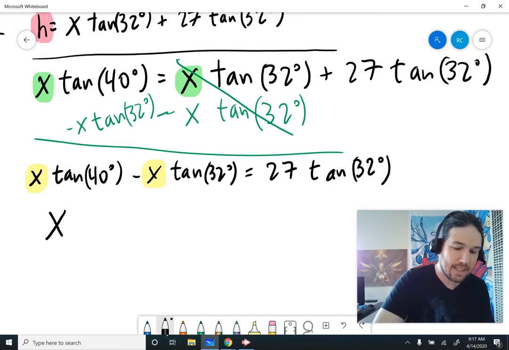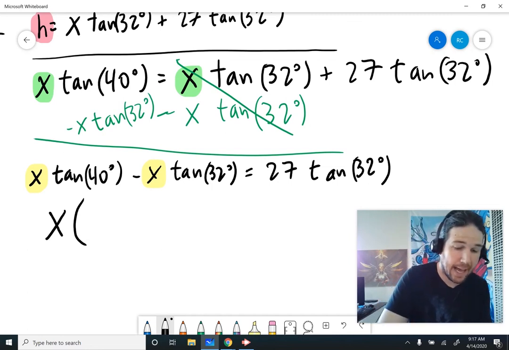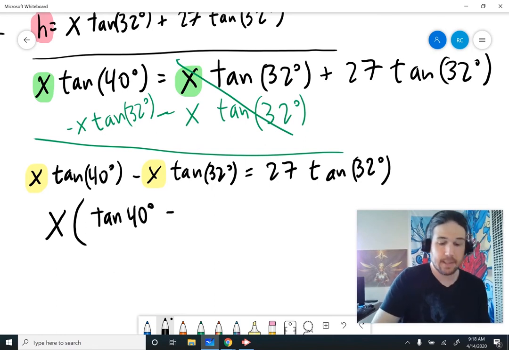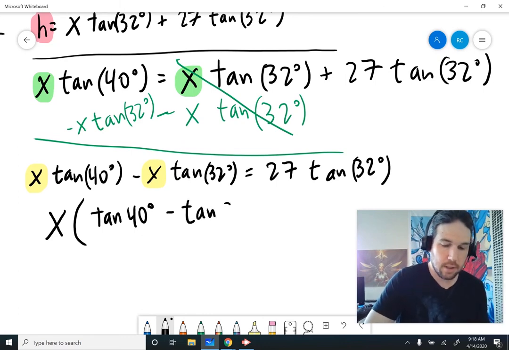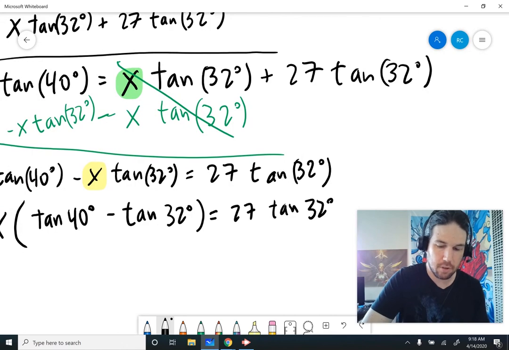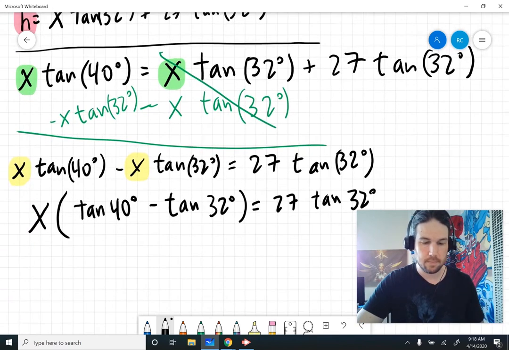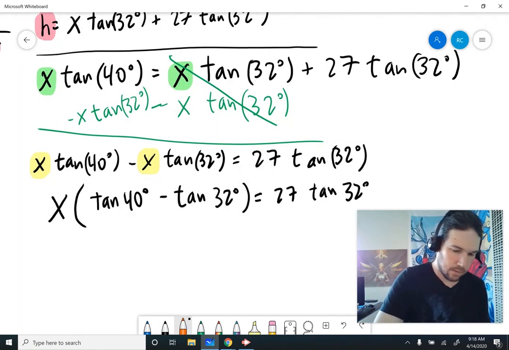So we get x times, well, x tangent 40 divided by x is tangent 40 degrees, minus, again dividing out that x, tangent 32 degrees. And that still equals 27 times tangent of 32 degrees. That hasn't changed. Factor out the x.